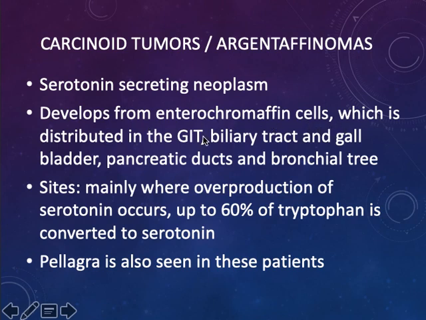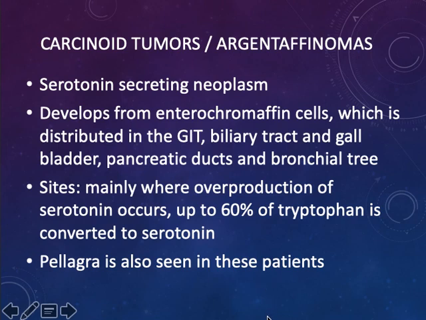These are distributed in the GIT, biliary tract, gallbladder, pancreatic duct, and the bronchial tree. It is mostly seen where there is overproduction of serotonin, and up to 60% of tryptophan is converted into serotonin. Because it is involved with tryptophan metabolism, the patients will have pellagra-like signs and symptoms.